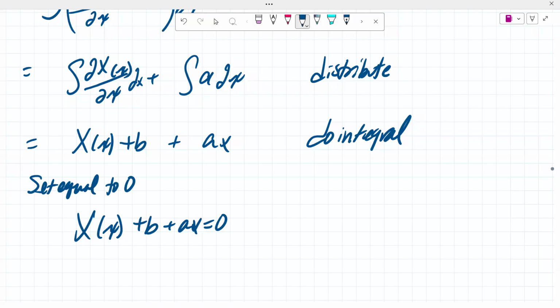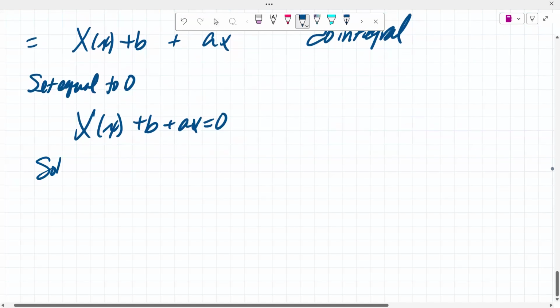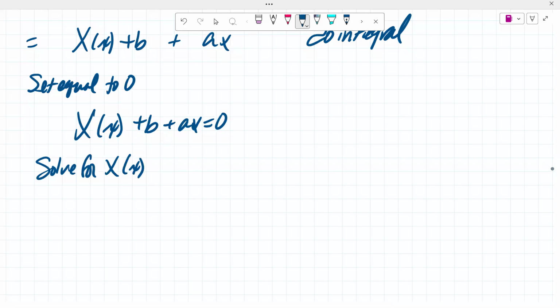Next we can solve for X of x. How do you do that? You move it over to the other side. So X of x equals negative b minus ax.